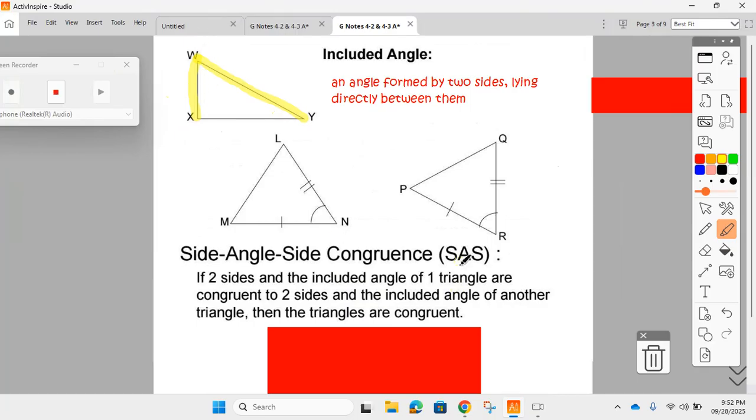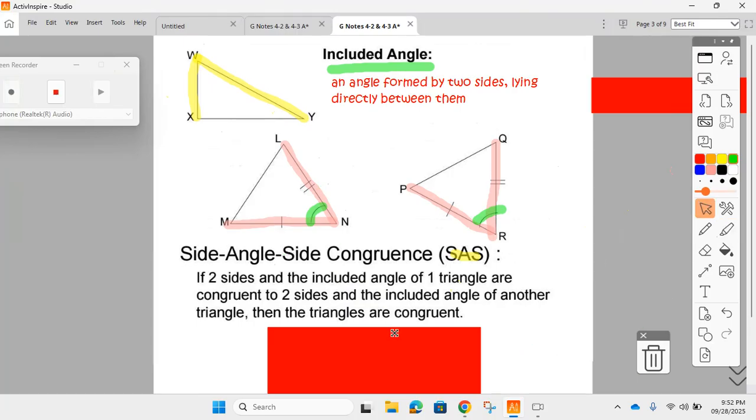So when we're talking about the side-angle-side congruence here, it's 2 sides, but the angle has to be in between them. So if we're looking at this pair of triangles, we have a side congruent to a side. We have another side marked congruent to another side. And we have the angle that's in between those 2 sides. The included angle is also marked as congruent.